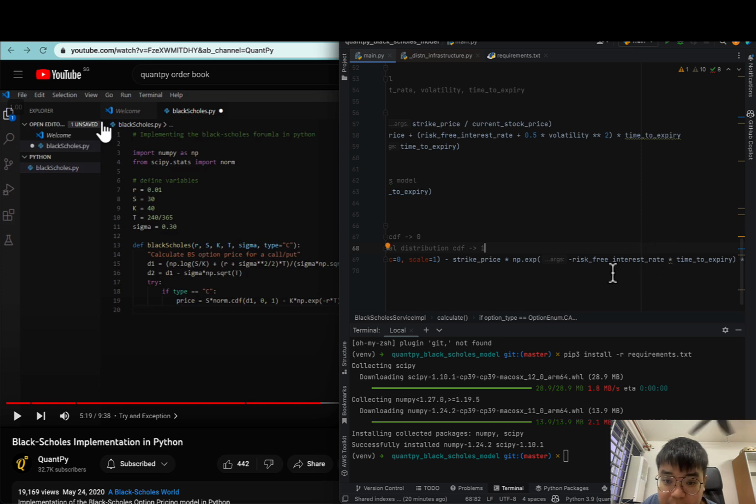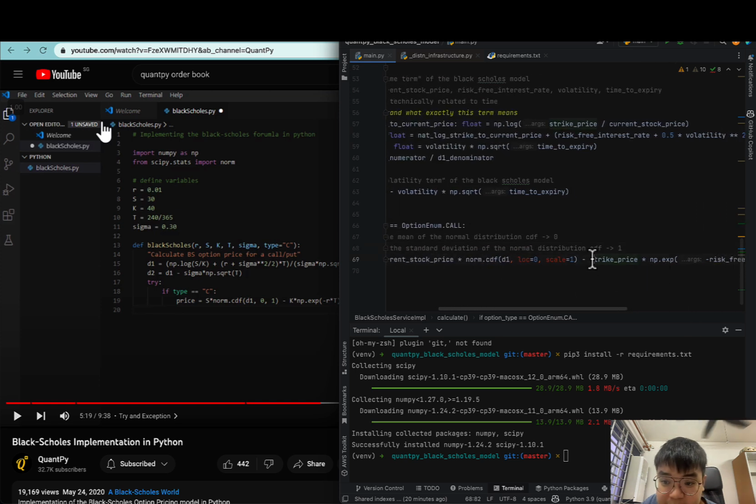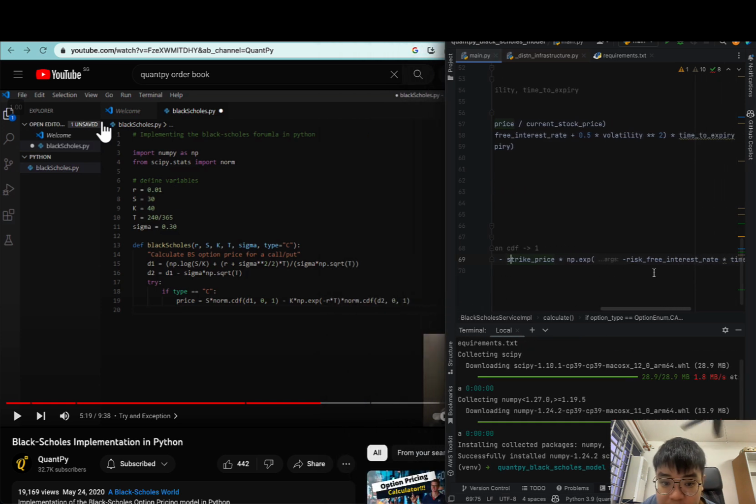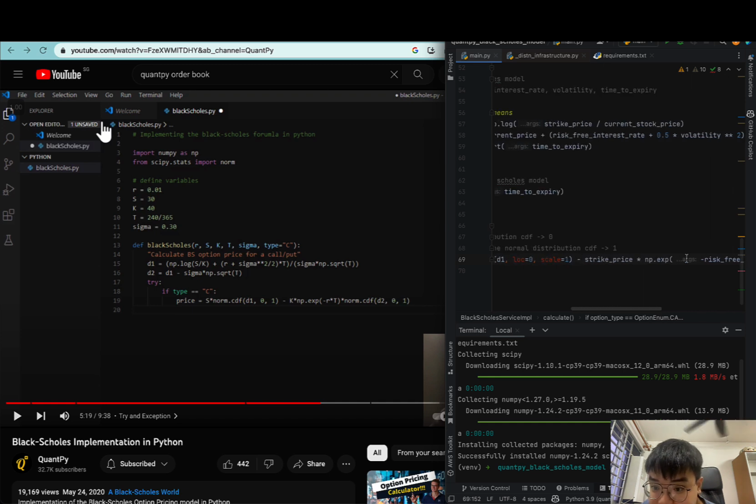So minus strike price multiplied by numpy exponential of negative risk-free interest rate multiplied by time to expiry, multiplied by the normal distribution of D2 again.